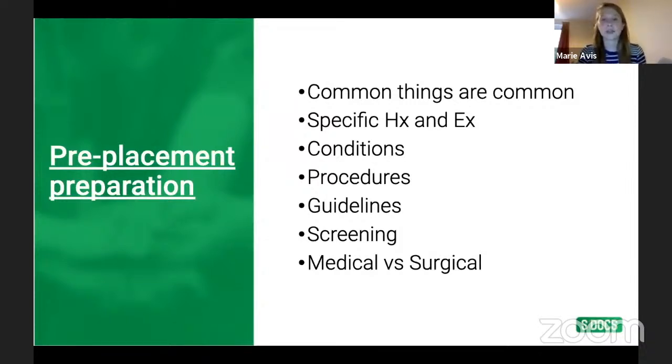The next thing to mention is about specific histories and examinations. If I give you the example of my first placement, which was colorectal surgery, on Geeky Medics, if you go on there, they have specific gastrointestinal histories and abdo examinations.